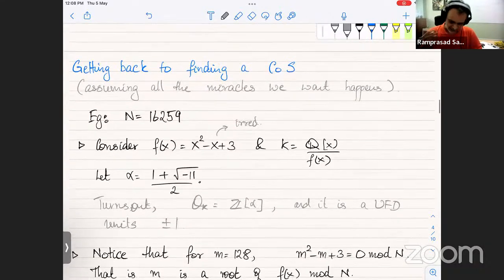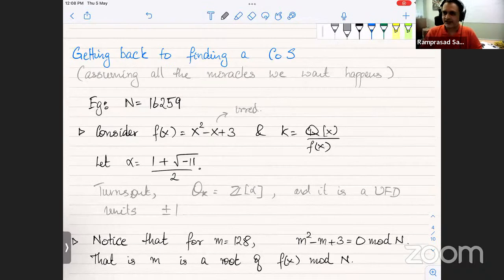Okay, and here is one more rabbit out of the hat. I actually chose this polynomial carefully, because if I choose m equal to 128, then m squared minus m plus 3 happens to be equal to this. So in particular, it is 0 mod n.